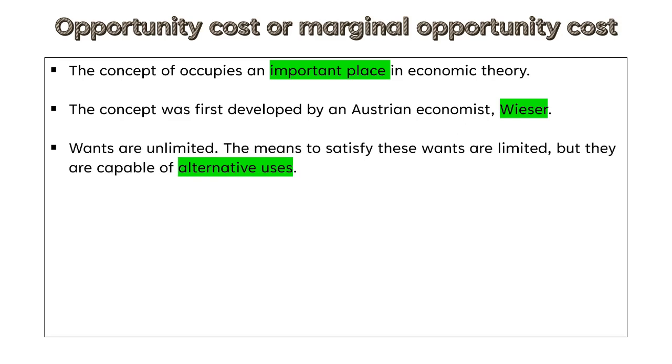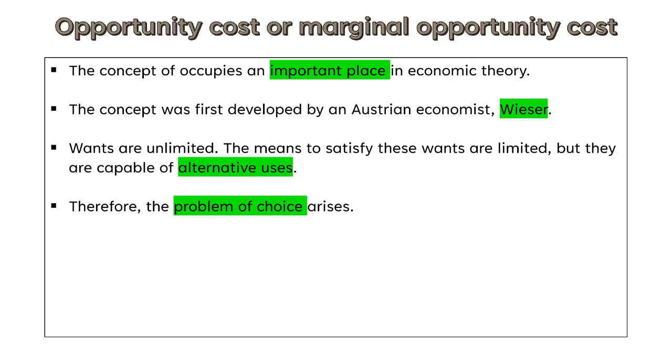We know that wants are unlimited, numerous, infinite. And the means to satisfy these human wants are scarce. The resources are very limited, and they are capable of alternative uses. So the resources can be used for different purposes even though they are very limited.